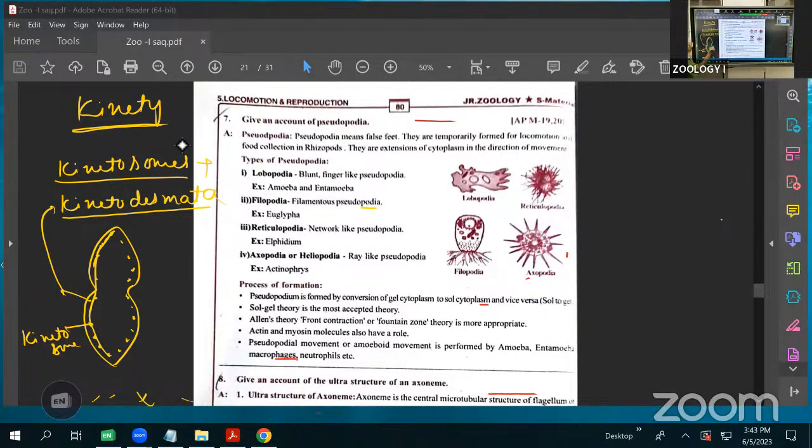Kinety, I'm writing the definition here: a longitudinal row of kinetosomes plus kinetodesmata is called a kinety, collectively.